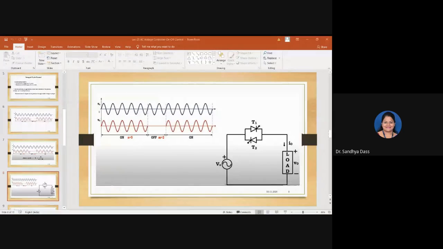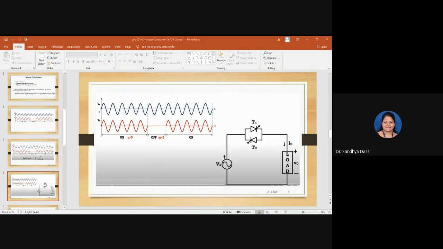Okay. So the question I asked was, what is on-off control and how is it done? Obviously what we are discussing is an AC voltage regulator or controller. As I said, you're controlling the AC signal to the load. Say out of 10 input cycles, you keep the power device on for a few cycles, which is nothing but connecting supply to the load, and keep the supply off for a few cycles.